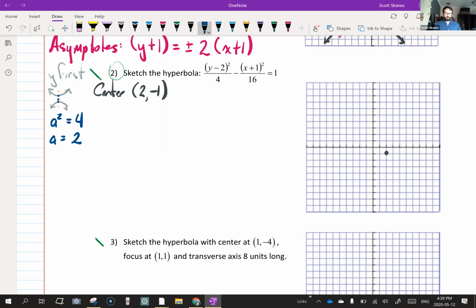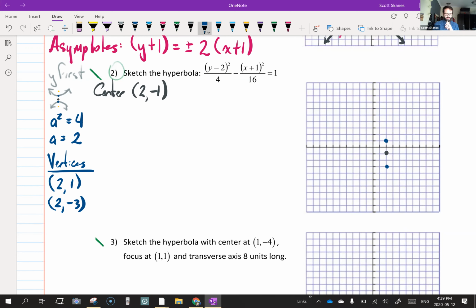Be very careful that you don't lose track. This a is related to the y. It's under the y, which means I need to go in the y direction when I am going from the center. So I need to go up by 2 and down by 2. Now I can write what my vertices are. So let's see, that would be 2 and 1, and that would be 2 and -3. It feels right. Is that right?